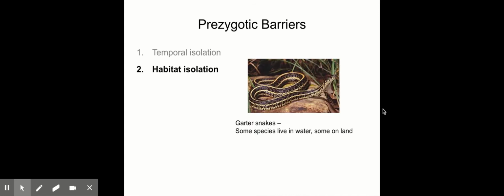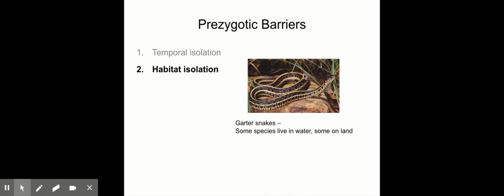Our next type of pre-zygotic barrier is habitat isolation. This just means that the two different species do not live in the same habitat within an area. They might live in the same geographic area, for example southwestern California, but they don't live in the same habitats.